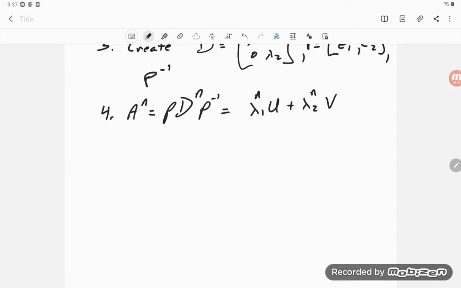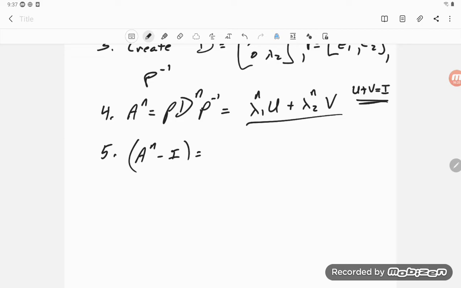And that is very nice. And then step 5, so we get A to the n in this nice form, so then we need to use this factorization idea that A to the n minus I is equal to, oh, and actually I should point out that the U plus V here, when you do this, is equal to the identity.